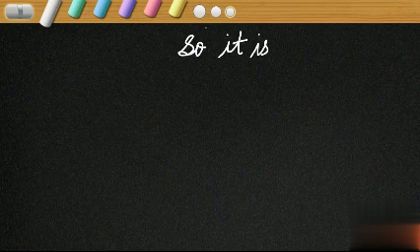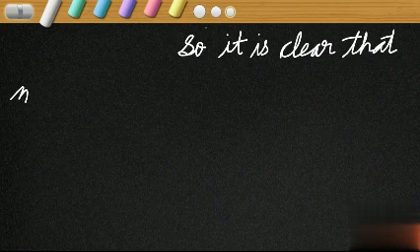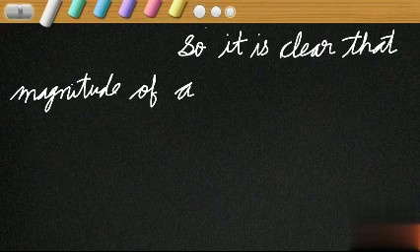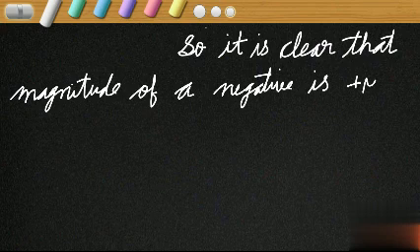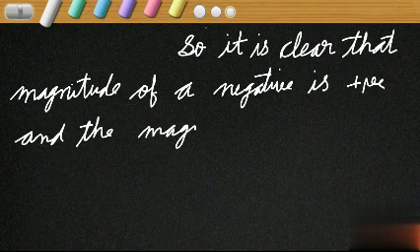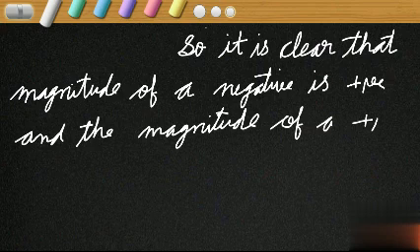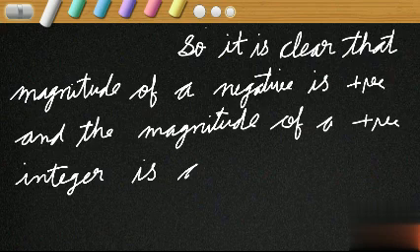So, it is clear that magnitude of a negative integer is positive and the magnitude of a positive integer is also positive, isn't it?